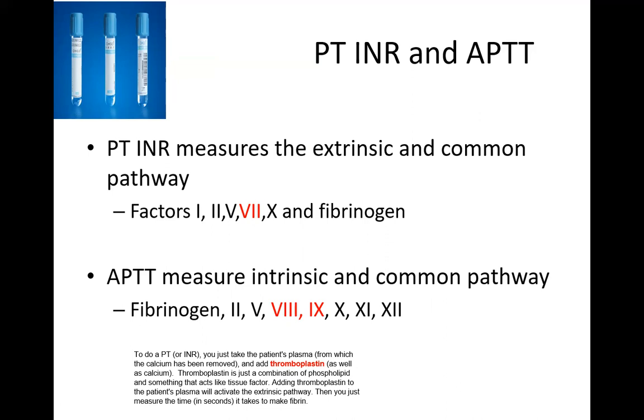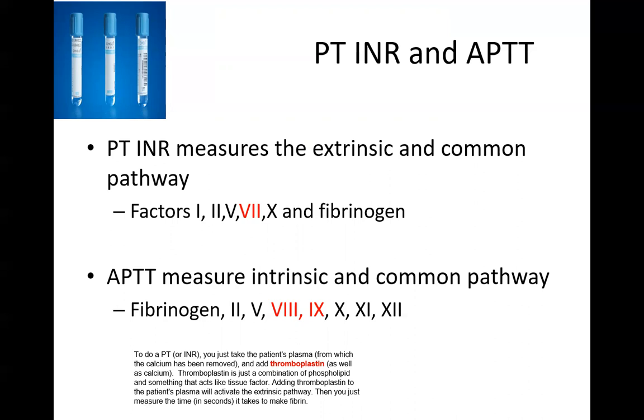If we are adding thromboplastin, and you remember thromboplastin was another name for tissue factor, plus calcium, then it is going to start the extrinsic pathway, and this will be an example of PT, prothrombin time. If we add something else plus calcium, then it is going to lead to the activation of the intrinsic pathway, ultimately leading to the formation of fibrin plug, and we will call it an APTT.